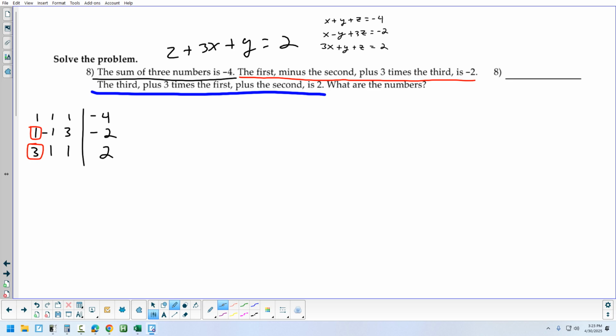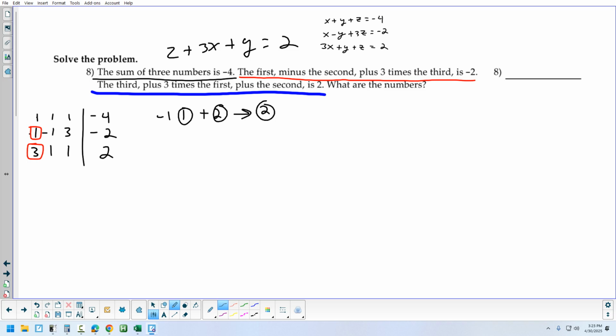The first thing I always check is, can I just add the equation to the other equation and have it work? If we add the first one and the second one, do we get a 0 in that spot? No. So can we multiply the first one by a number and then make it a 0? What could we multiply it by? A negative 1. So we'll do negative 1 times the first equation, add that to the second, and put the answer in the second row.